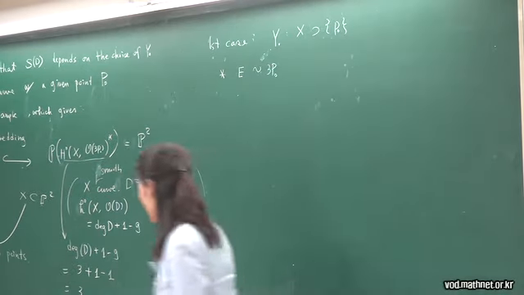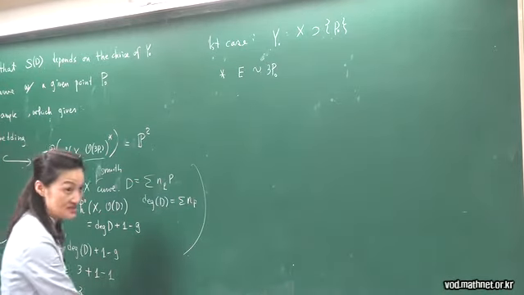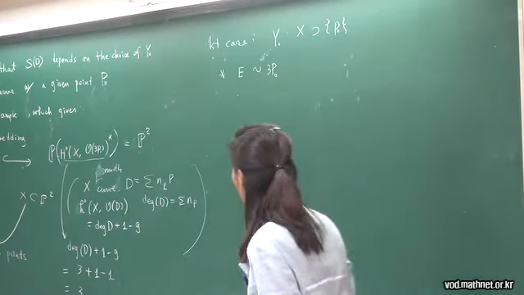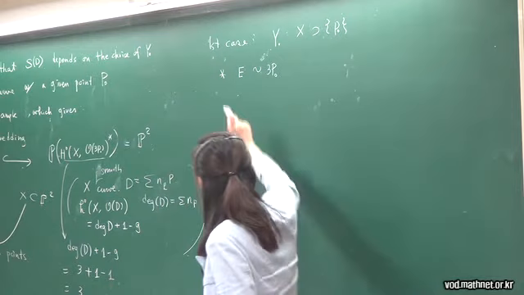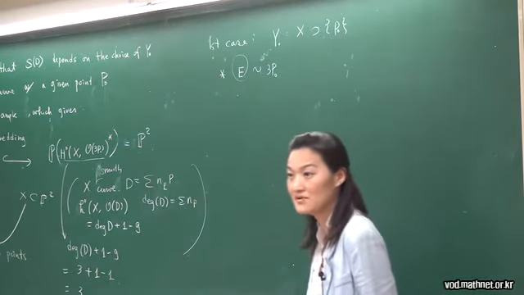Please remember our X and D are fixed. We want to find the invariant of D up to linear equivalence. So we want to find the values of effective divisors linearly equivalent to 3 P naught.